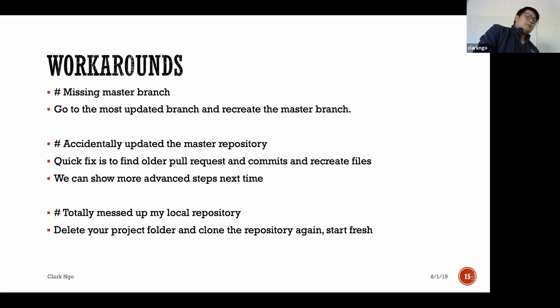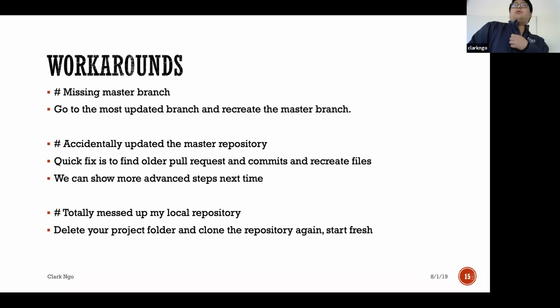Not worth my time. And I totally messed up my local repository. So let's say you git clone, created your own branch, and then, oh no, you messed up directories, file names, and everything, and you don't even know how to revert back. Easy fix: delete that project repository on your branch, git clone again. That's assuming that you don't have a lot of rework, okay?